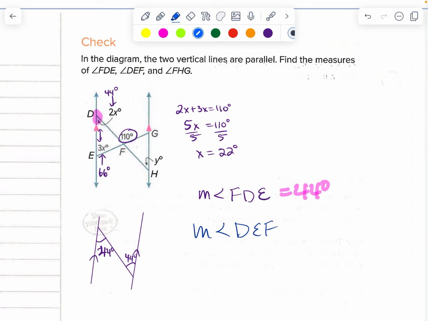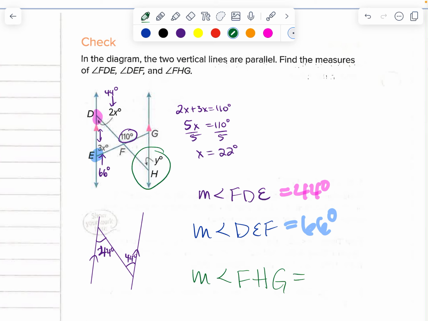Okay, DEF is that one. So that was 66 degrees. And then the measure of FHG. And that was this one right here, and that is also 44 degrees.